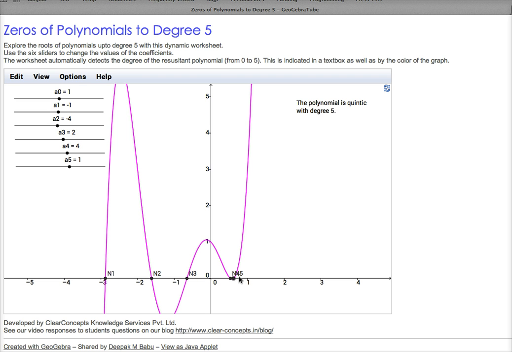Instead of f(x) equal to 5, if f(x) itself was 0, then is the polynomial 0 for x equal to 1? What's the value of f(x) for x equal to 1 if f(x) is 0?